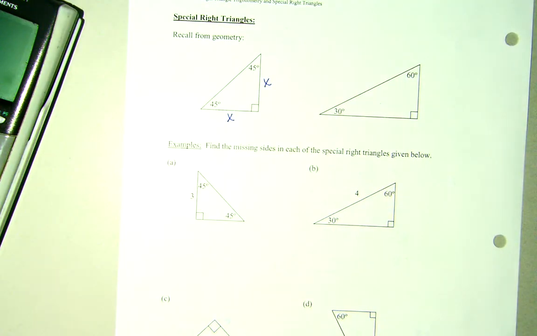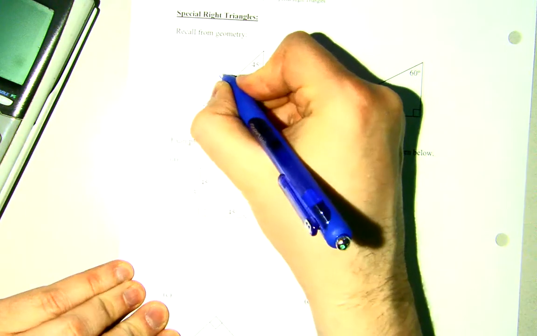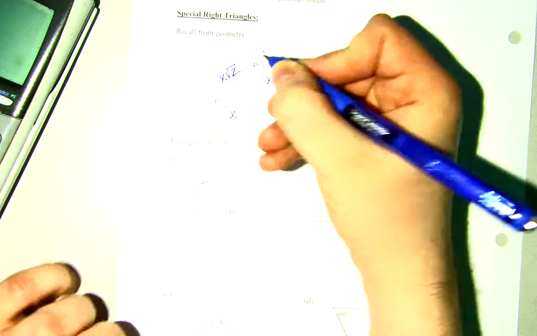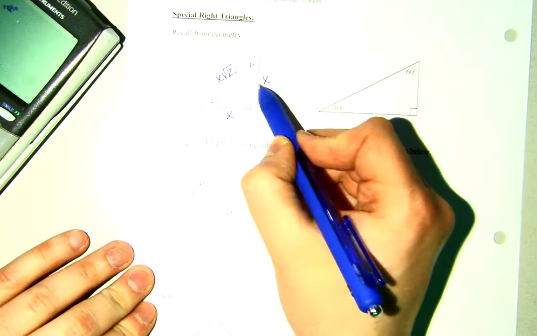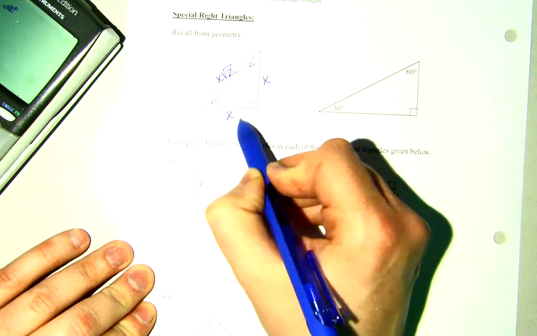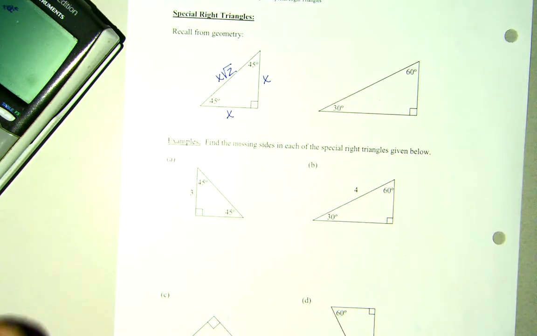I'm sure you saw where this comes from last year. I'm not going to prove things right now, but the hypotenuse is going to be x root 2. Which means, if I know this side is 8, I know this side is 8, and this side is 8 root 2.